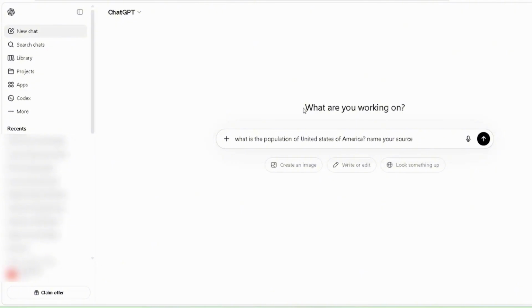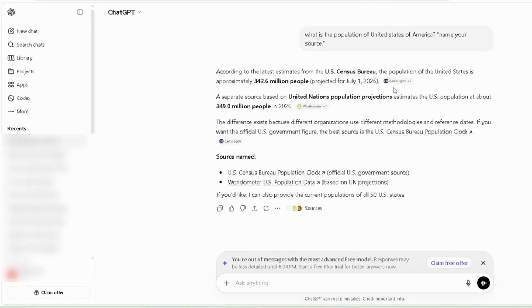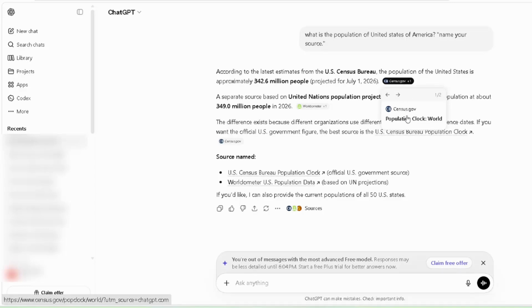Whenever you give any particular instruction, it should be in inverted commas. And as you can see, we now see the sources. Census, it's government, so it means that you can rely on this information.